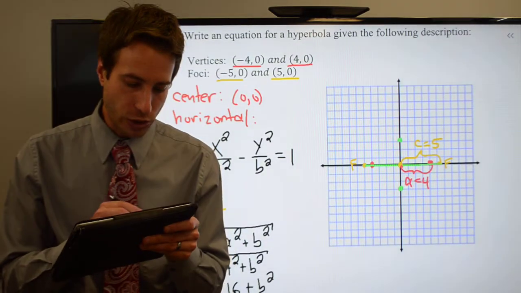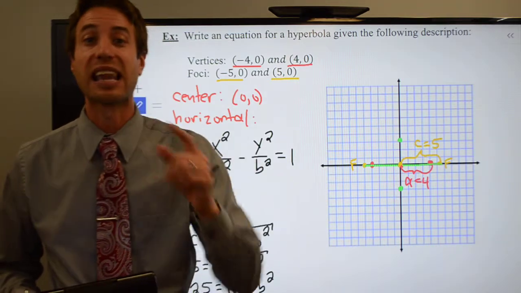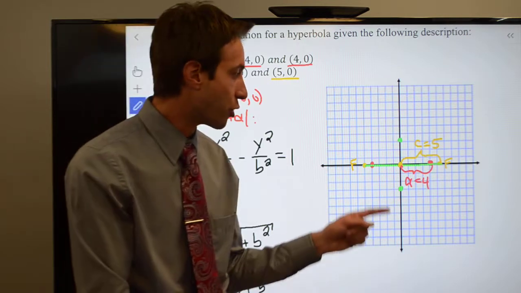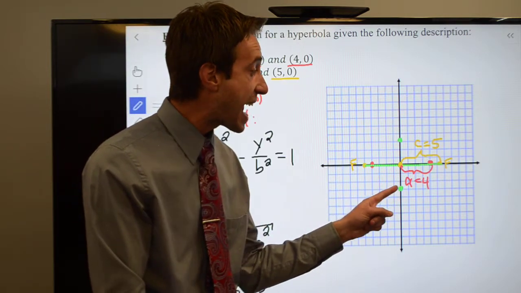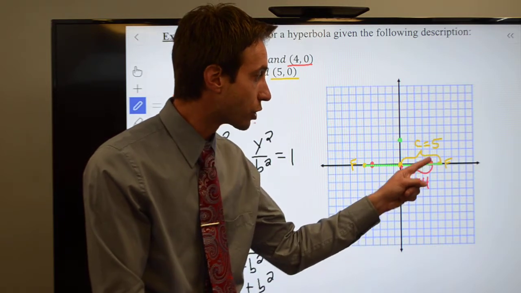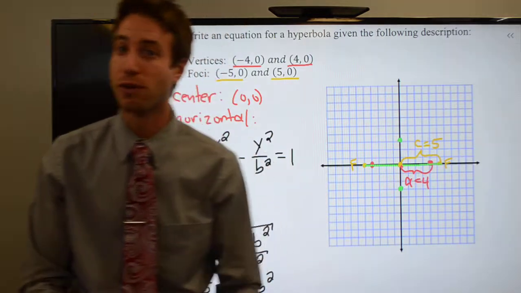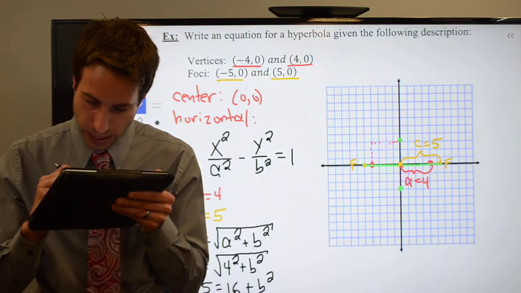Remember, what we're going to do is put in those guidelines. The guidelines will allow you to draw the hyperbola, and you start with the rectangle. Remember, the rectangle must go through the vertices and through the co-vertices. So go ahead and sketch in that little rectangle that goes through the vertices and the co-vertices. It's going to be this guy right here.